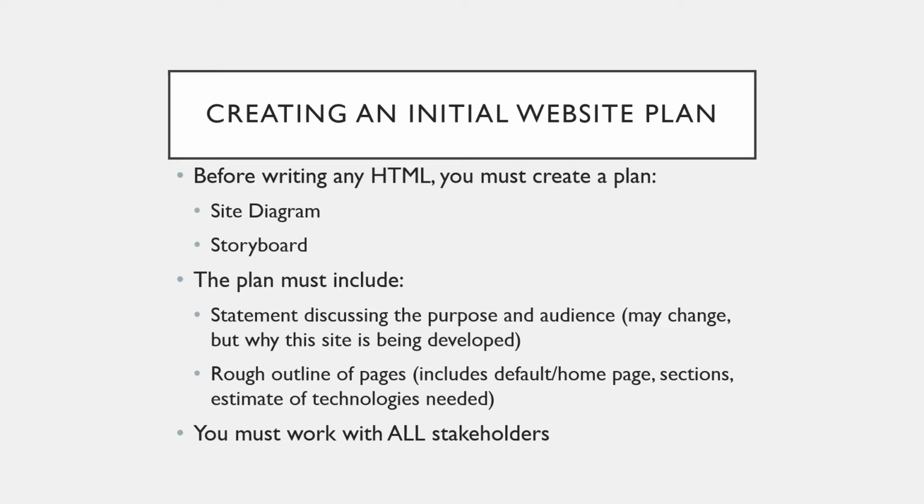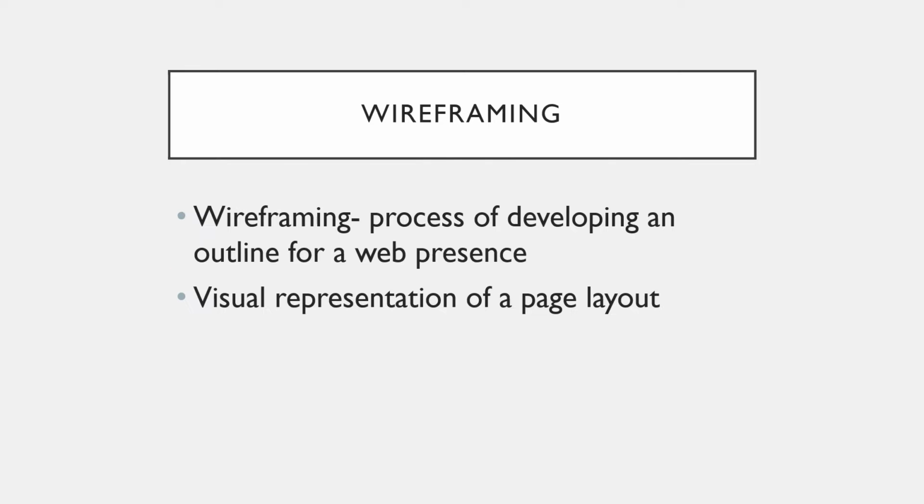And when you are designing a web page or a website for a group or organization, you work with everyone, any stakeholder that's involved. If it's the person making the page, or the person that the page is being made for, or a member of the audience that's going to view this page, you want to make sure that everyone has a say and that everything works well with them.